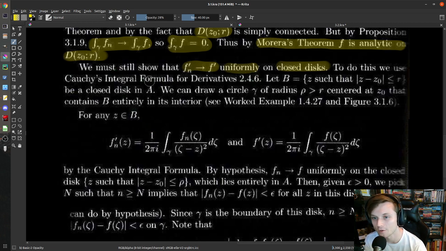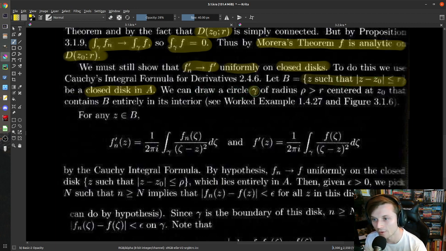We'll take B to be the closed disk of radius r centered at a point z naught, a closed disk in A. We can always find closed disks at any point in A. Remember that, we just started with that.